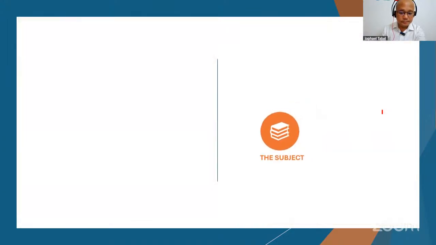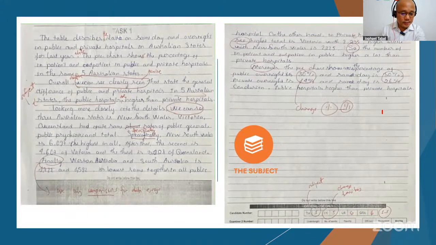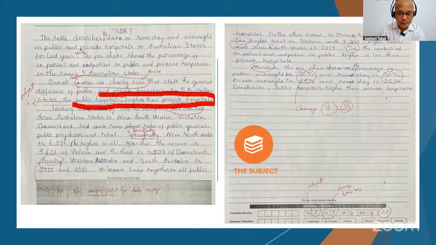Okay. Here's another example of a student who has failed to understand the subject. So we have here, in 5 Australian states, public hospitals are higher than private hospitals. So as you can see here, it's not the public hospitals which are higher than private hospitals, but it is the number of stays, okay?